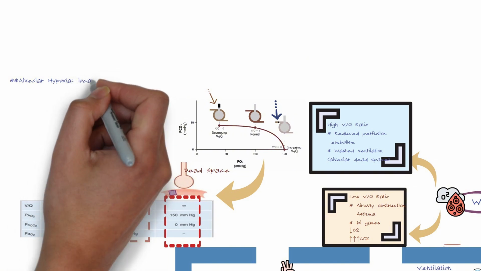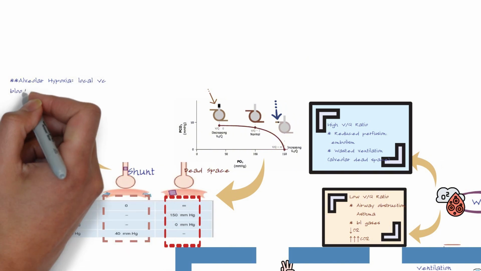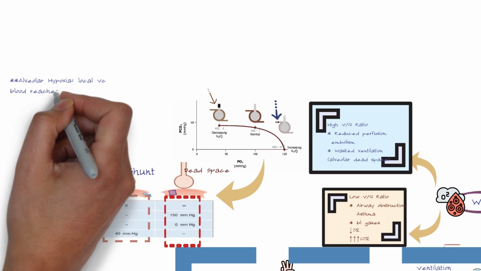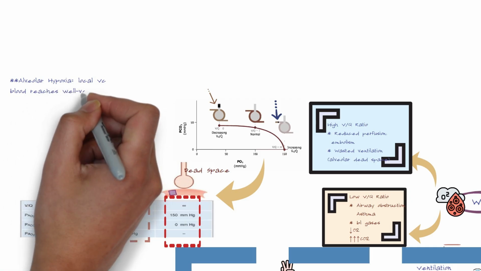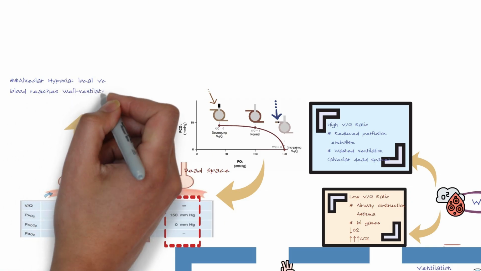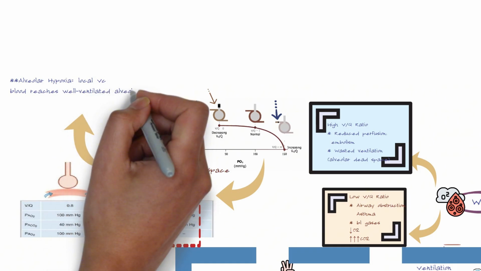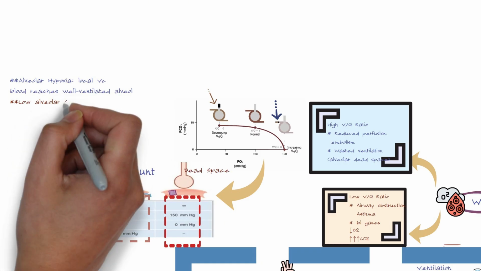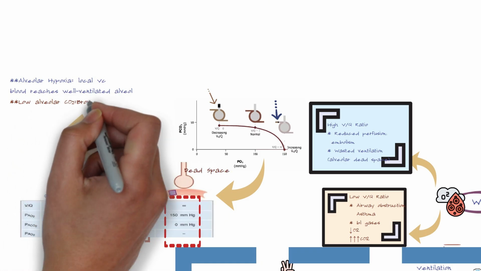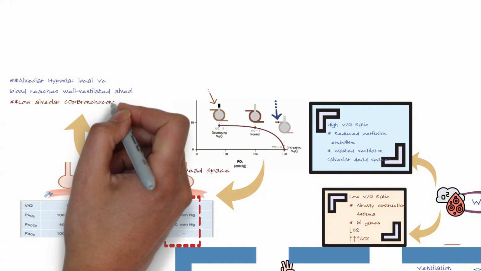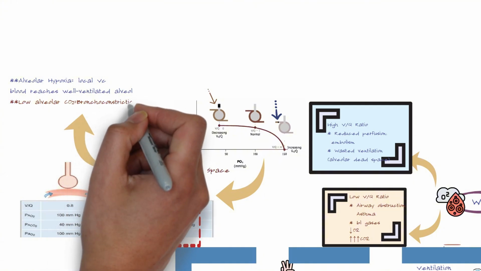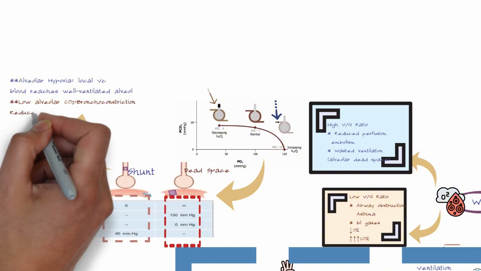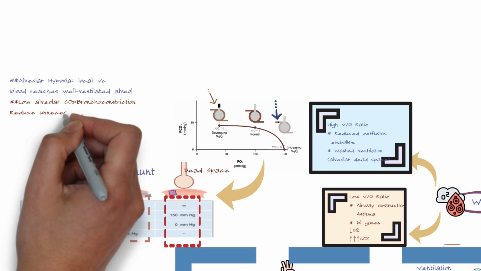So, to compensate for this, it's important to remember that alveolar hypoxia, or the shunt, which results in lowering of oxygen, will also result in a local vasoconstriction. So, due to the block of the alveoli, we block the blood, redistributing the blood to more ventilated alveoli.